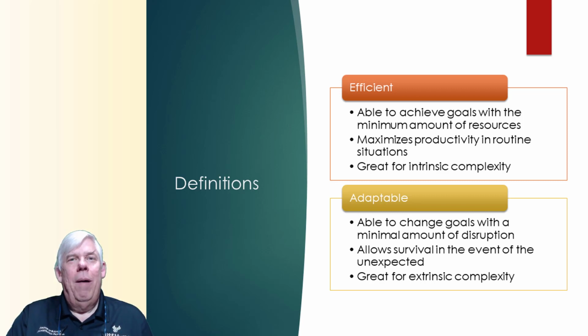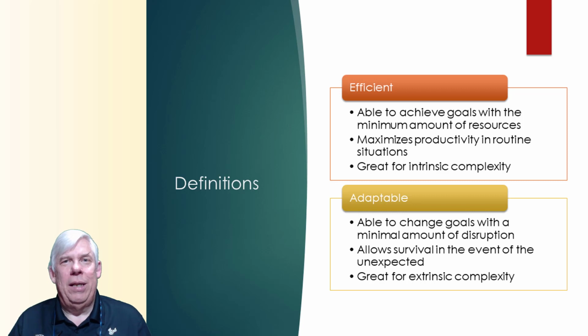And so being highly adaptable is a great tool for dealing with high levels of extrinsic complexity, but it is going to involve a number of costs. And we'll give some examples of these in later lectures. The key thing to remember is, depending upon the type of complexity you're dealing with, if it's intrinsic complexity, worry about efficiency. If it is extrinsic complexity, you've got to make sure you build in adaptability.